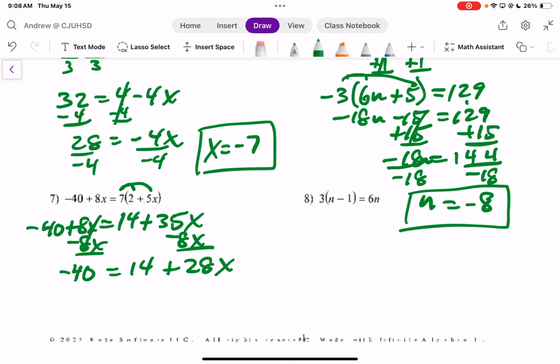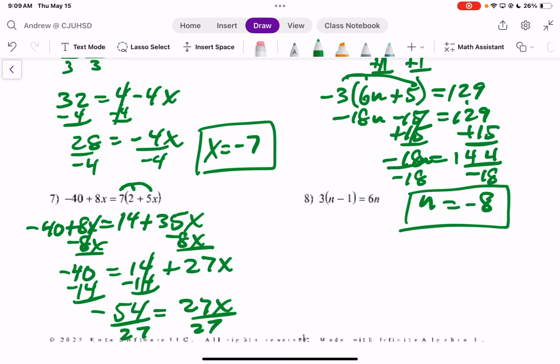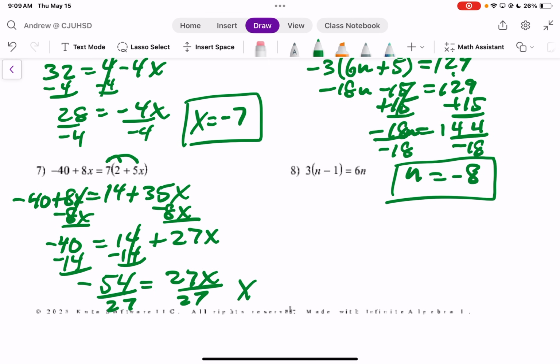Right? No, 27. Two-step equation now, take away the 14, we got -54. Is 27x. That will go 2 times. So it'd be -2.